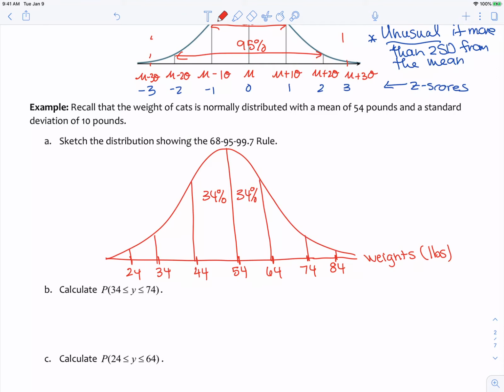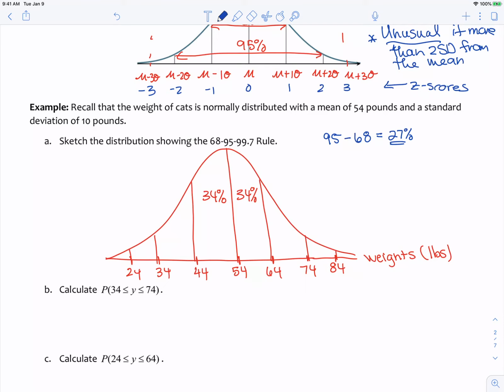Then I can go, all right, well, how about I know that between -2 and +2 standard deviations from the mean, I'm going to have 95% of my data. So I can take 95 and subtract the 68% that I already know, and then I'm left with 27% remaining. Now, this is shared equally between the two regions because we have symmetry, right?